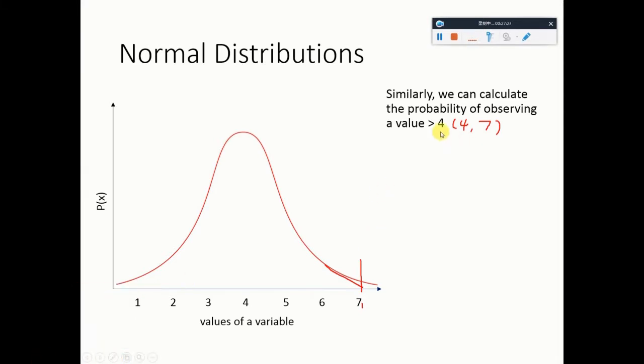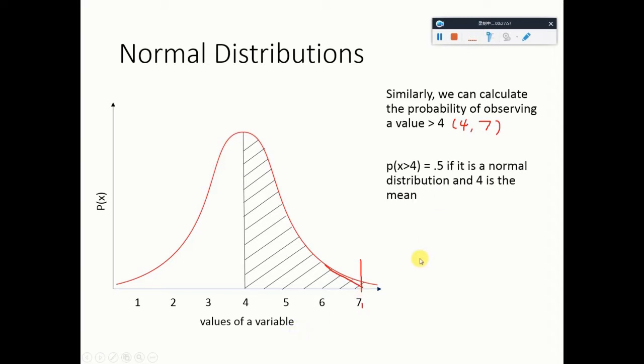So then what we also need is an interval. It turns out that 4 is the mean here. That is, if we impose a center line, it will run through 4. So in other words, to find out the probability of observing a value that's greater than 4 is just to find out the area of this part, from 4 all the way to 7.